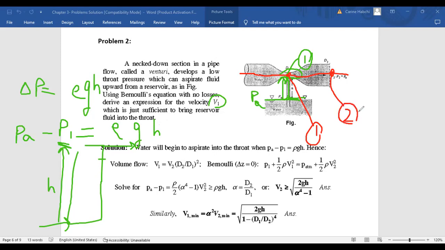What do we know about point 2? Point 2 is discharging the fluid to the atmosphere. So the pressure at point 2, P2, equals P atmospheric.